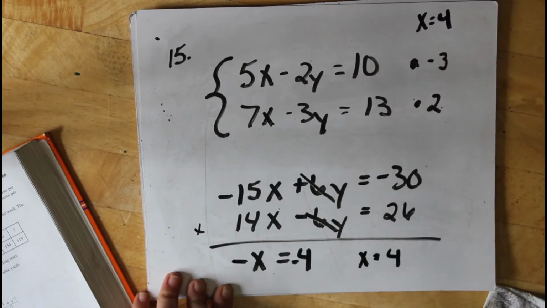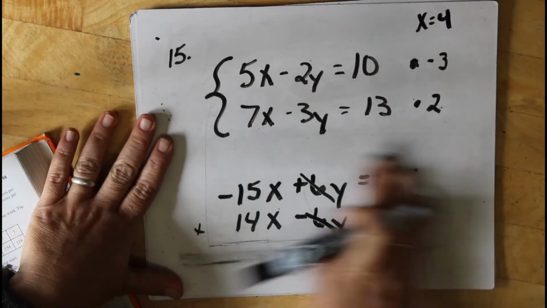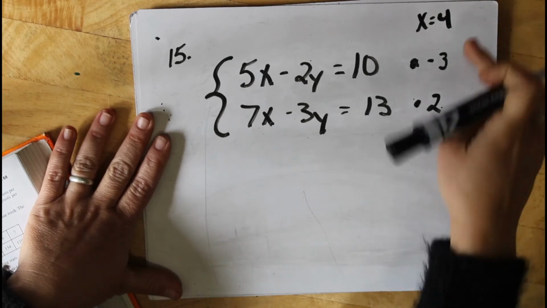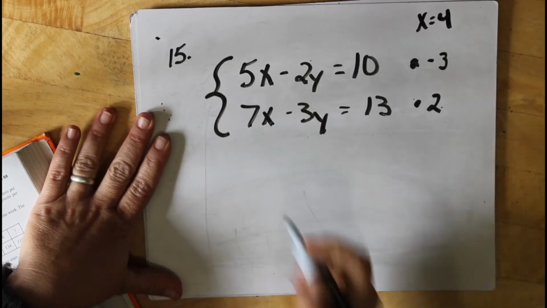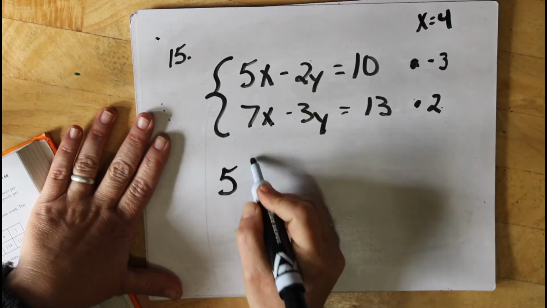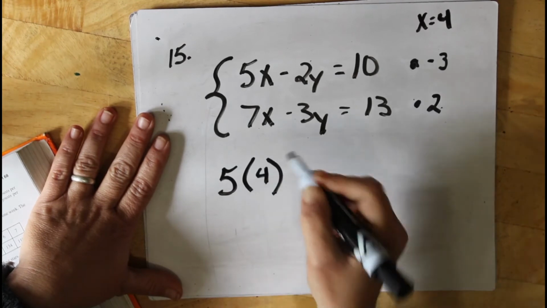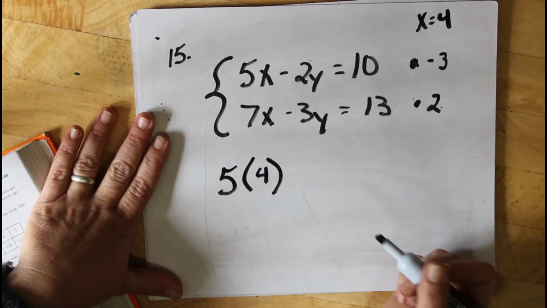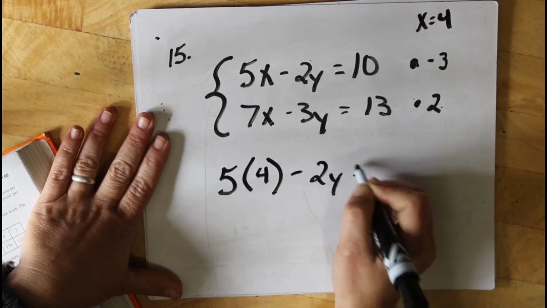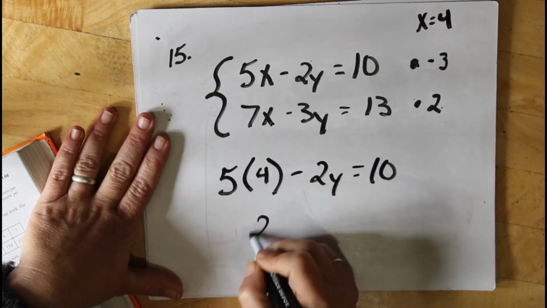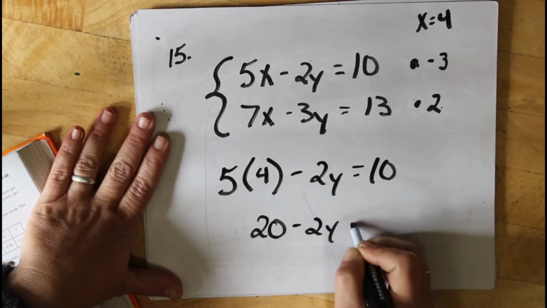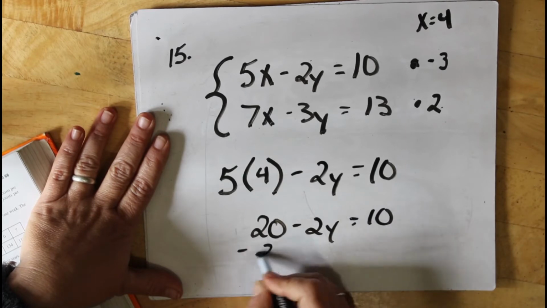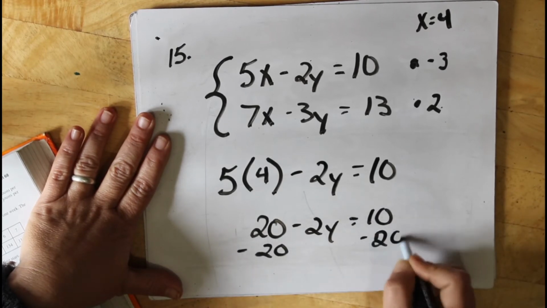Now we just have to figure out what y equals. So we're just going to plug the value for x into one of these equations. So we'll do the top one, 5 times 4, because the 4 is x, minus 2y equals 10. 5 times 4 is 20, minus 2y equals 10, minus 20 on both sides.